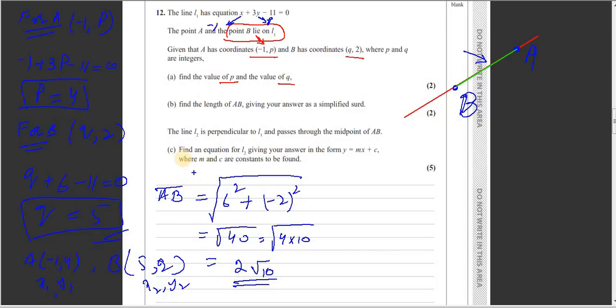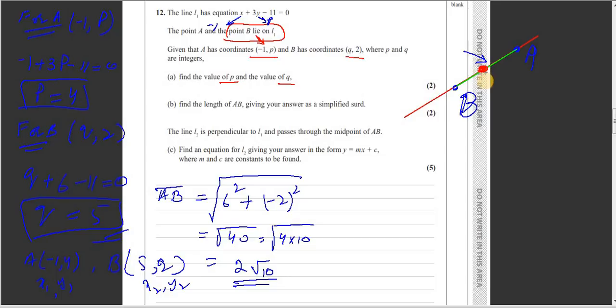Part C. Find an equation of L2, giving your answer in the form y equals mx plus c. Okay, before this, yeah. The line L2 is perpendicular to L1 and passes through the midpoint of AB. Find the equation of L2 in this form. Okay, fine. So you have the midpoint of AB somewhere here.